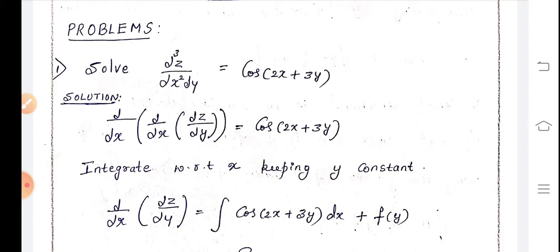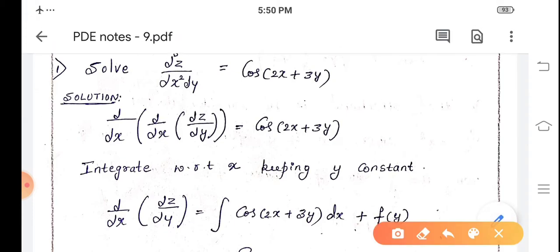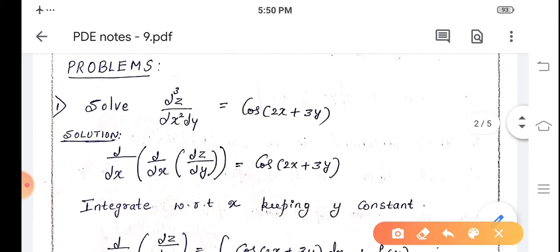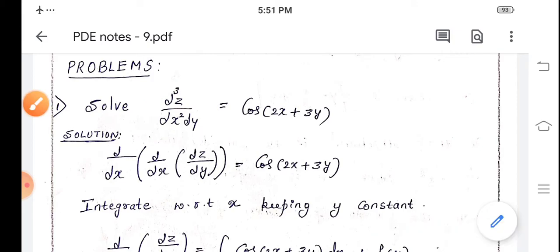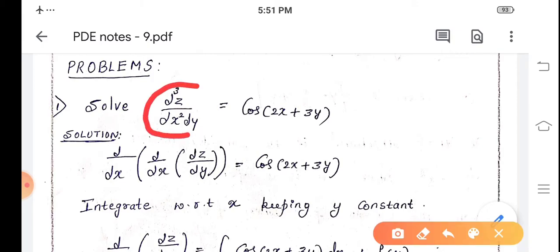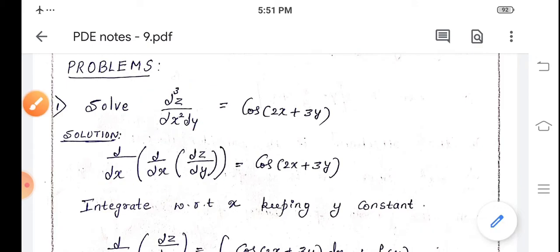third order differential equation. We write it as dou by dou x of dou by dou x of dou z by dou y, because here we have dou cube z by dou x square dou y, or it can be written as dou cube z by dou x dou y.